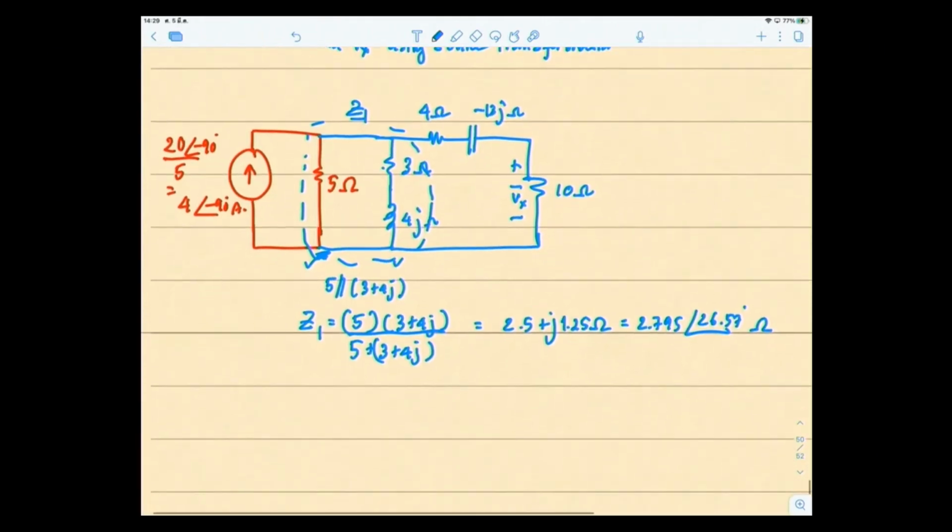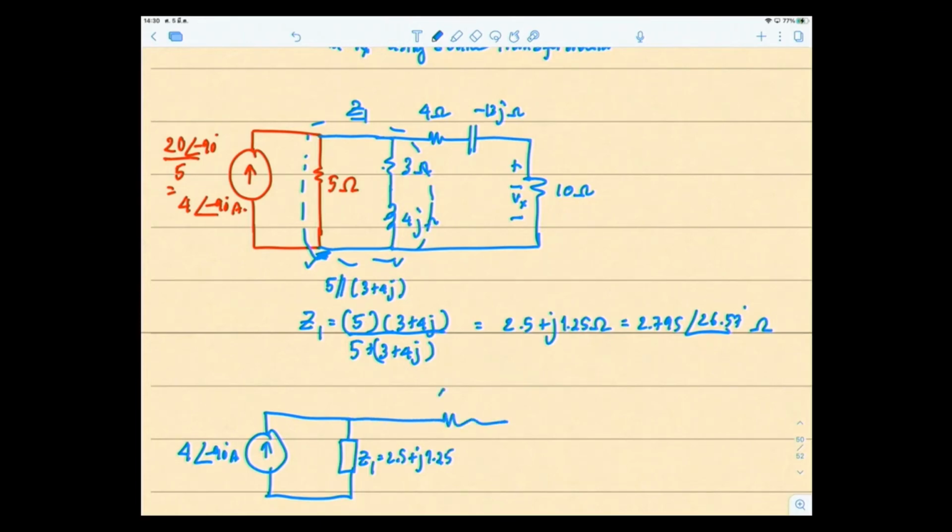So when I draw this, my circuit becomes 4 angle minus 90 degrees amps, and this is my Z1 equal to 2.5 plus j1.25, and this is 4 ohms, minus 13j ohms, and this is 10 ohms, and Vx is still the same.